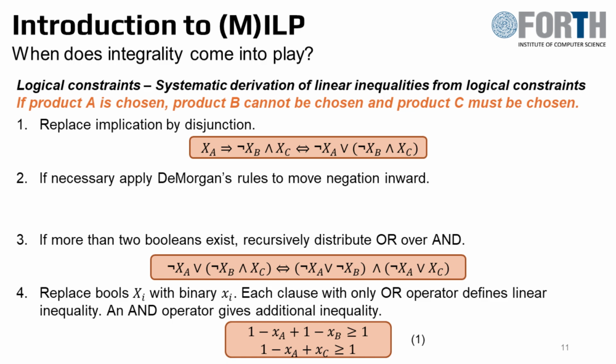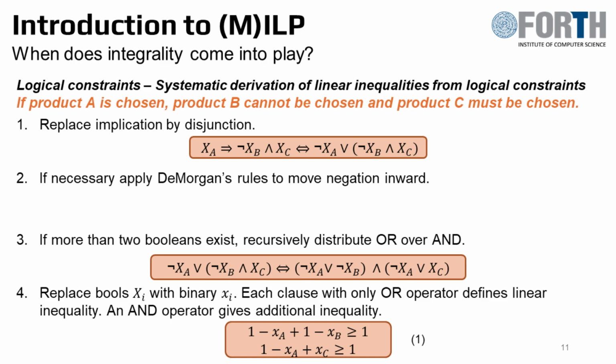The goal is to end up with negations applied directly to individual Boolean terms, rather than to larger expressions. Once the expression is written using ANDs and ORs, and especially when more than two Boolean terms are involved, recursively distribute OR over AND. This step is essentially a normalization step. It rewrites the expression into a form where you have an AND of clauses, and each clause contains only ORs.